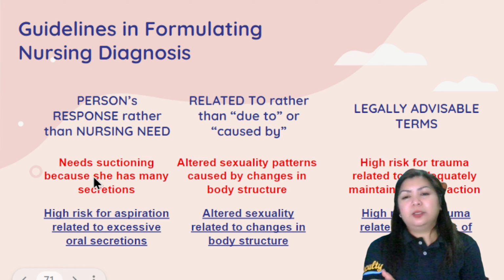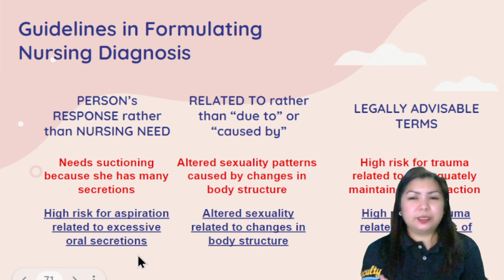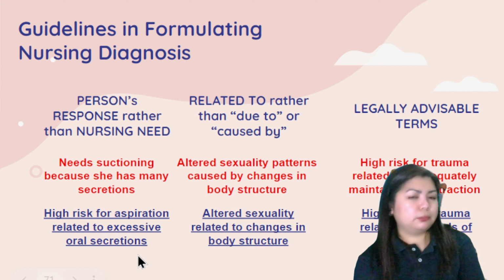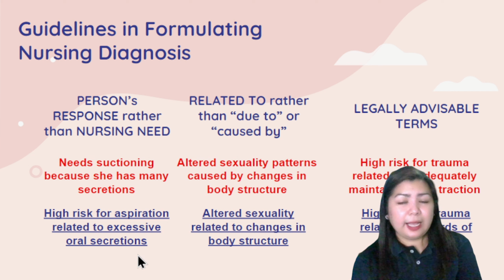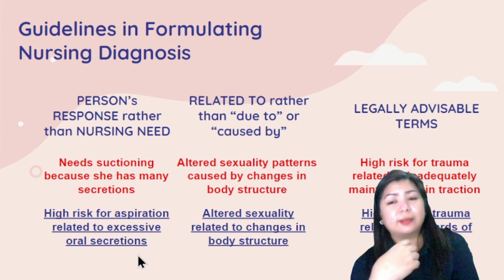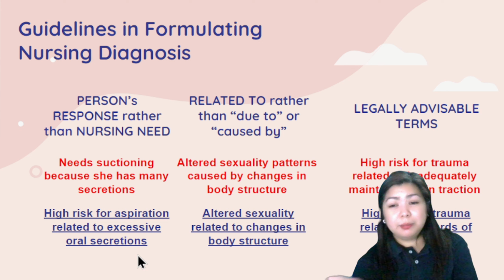So instead of writing this, you may write high risk for aspiration related to excessive oral secretion. So the client has a lot of secretions in his mouth. Now, if this patient has this kind of condition, the secretions have a possibility to enter the airway, basically by simply breathing.